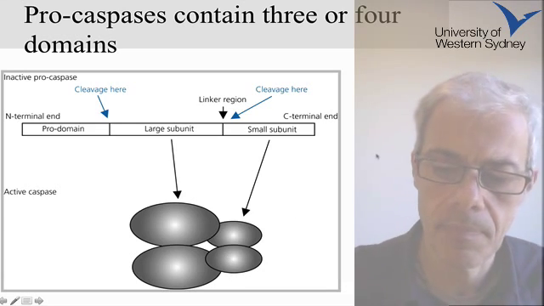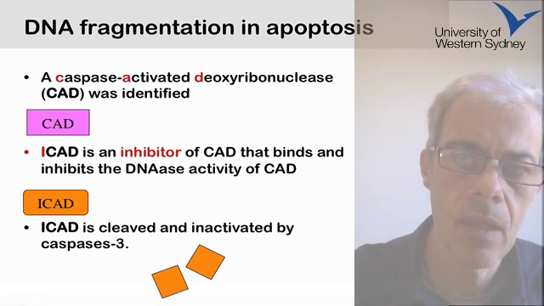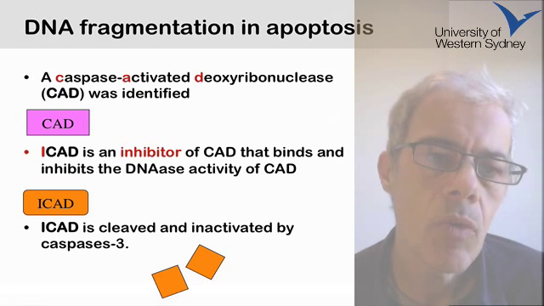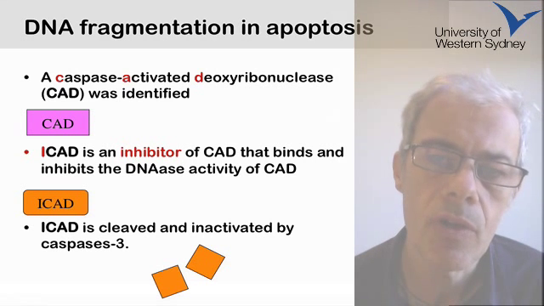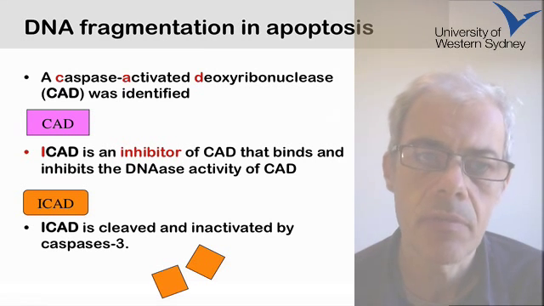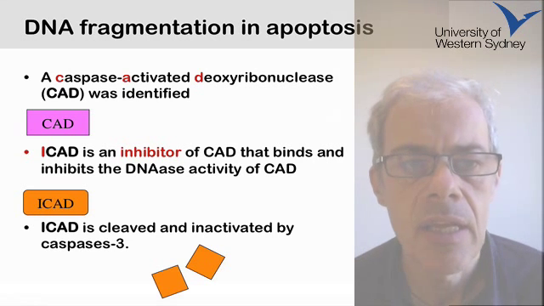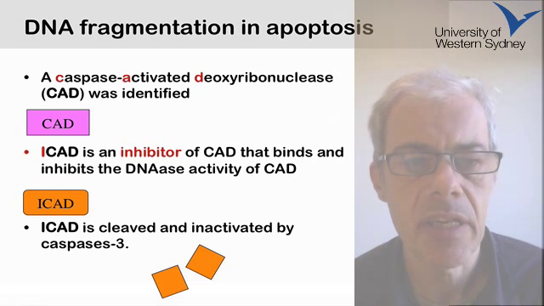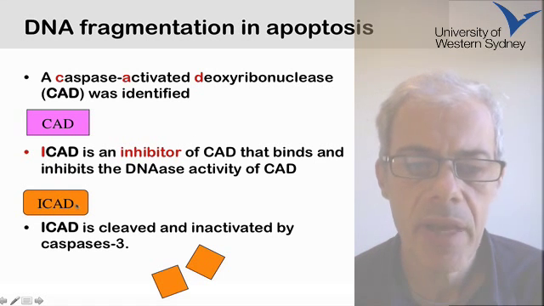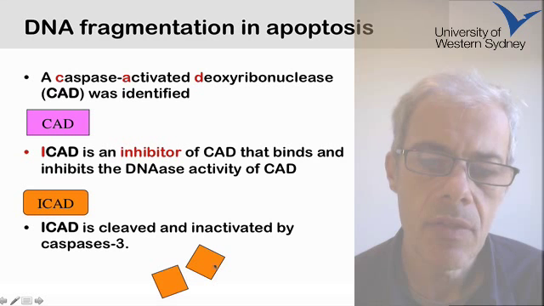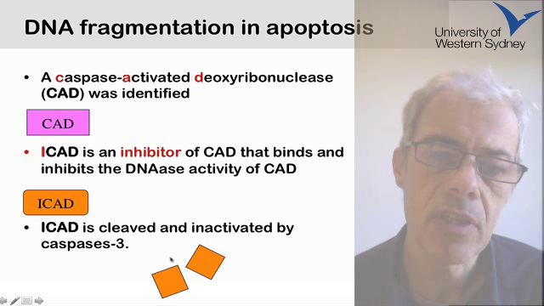So what are some of the targets of caspases to give rise to some of the morphological changes that have been observed? One of these targets is an inhibitor protein called ICAD. And ICAD can be cleaved by caspases, and therefore the inhibitor is removed.